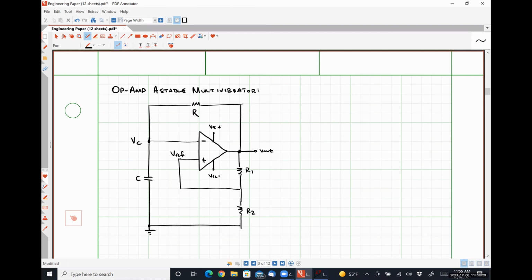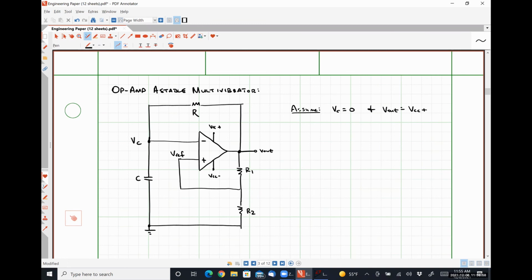So let's assume that this system starts with a condition of VC equal to 0, meaning our capacitor is fully discharged, and V out starts at VCC plus.